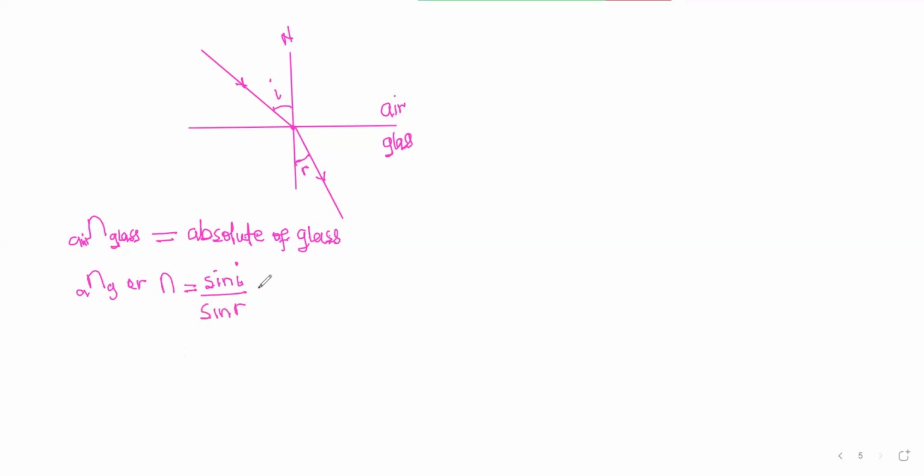We can also determine this using the ratio of the speed of light in the first medium to the speed of light in the second medium. We can also find the same thing by the wavelength of light in air divided by the wavelength of light in the second medium, which is glass.